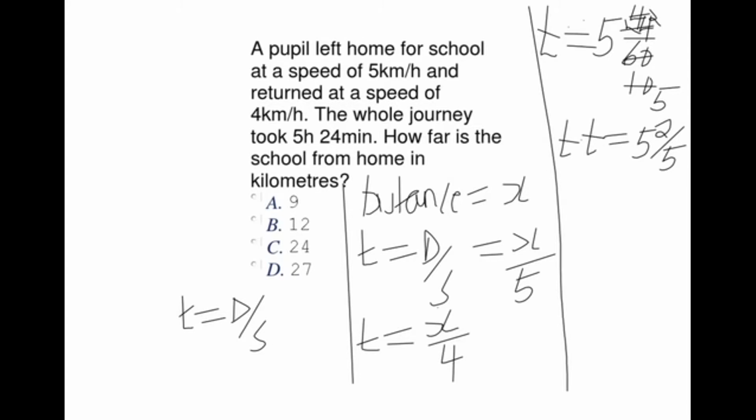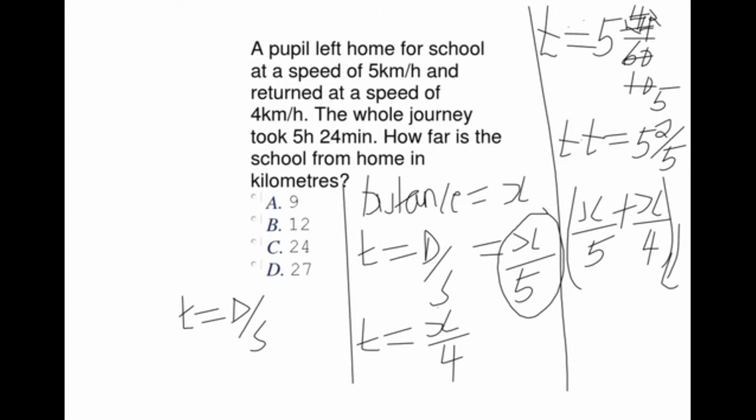So we are going to add time when he left from home, that is x over 5, plus x over 4, that is from school to home, and this should give us a total of 5 and 2 over 5 hours.